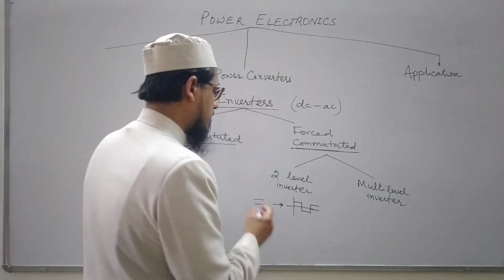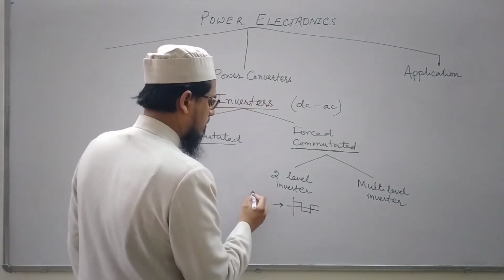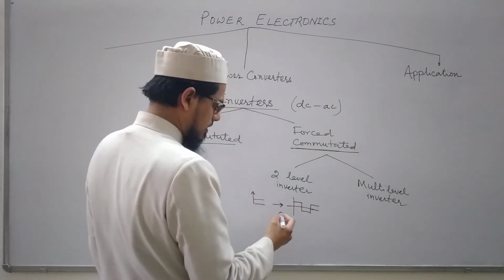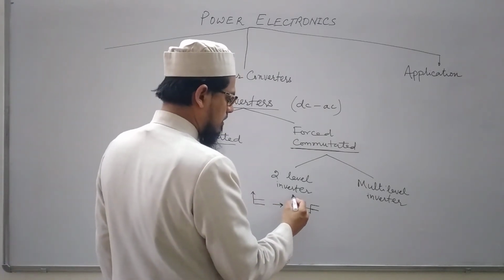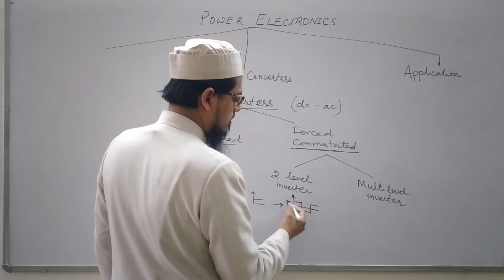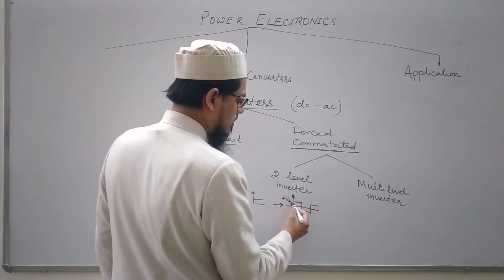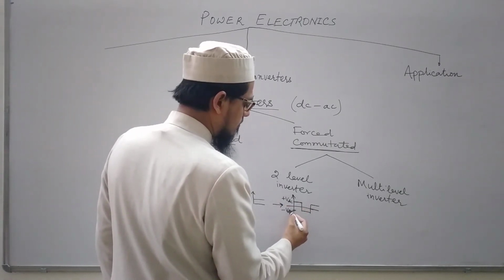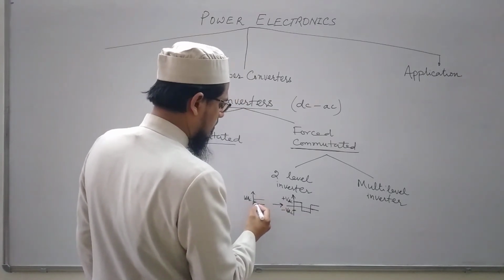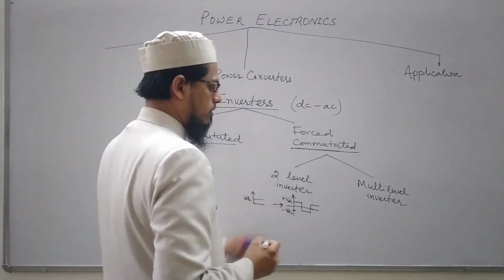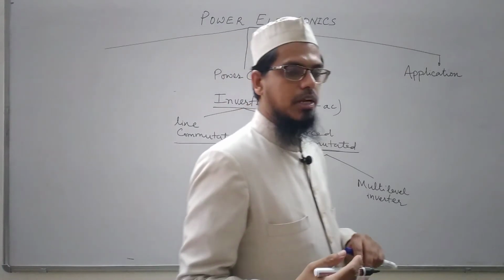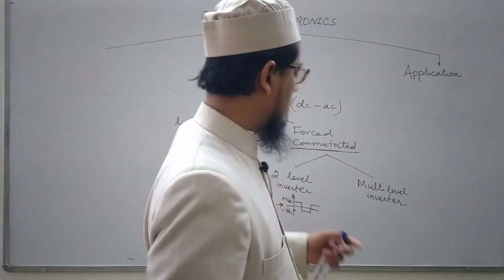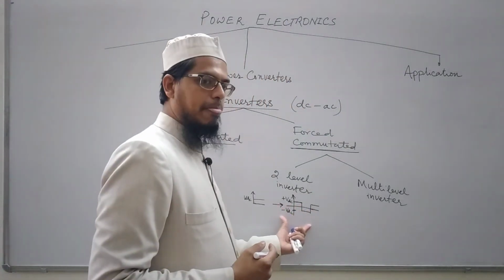So this is a DC and this is converted into AC. Now the AC voltage has got two levels. This is plus VDC and this is minus VDC, if this is your VDC. Fine. So there are only two levels, plus VDC and minus VDC. That is why we call it a two-level inverter.